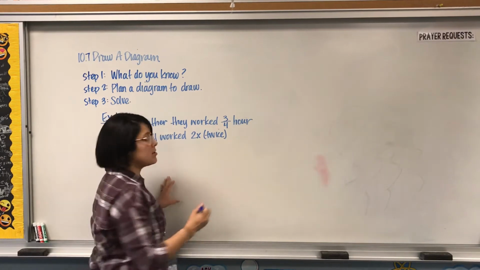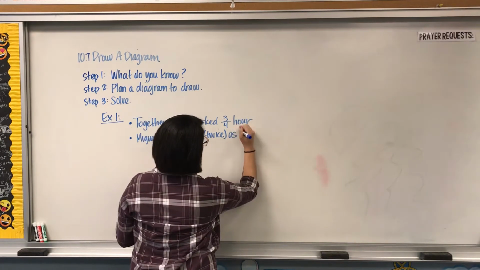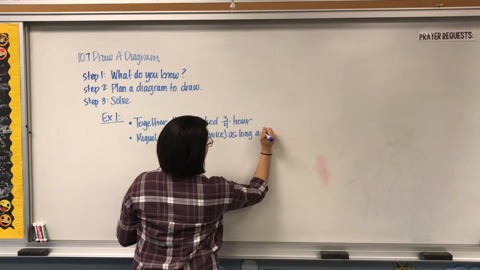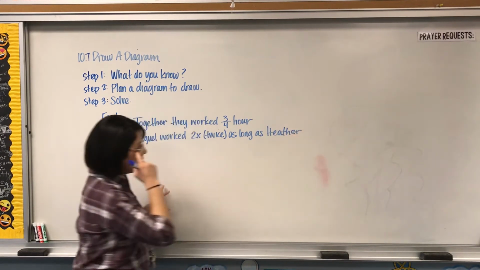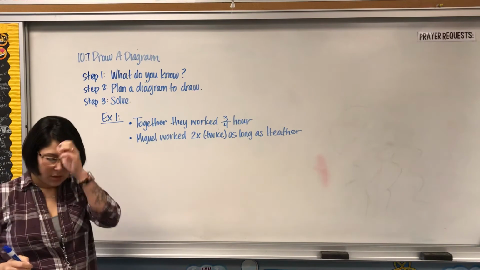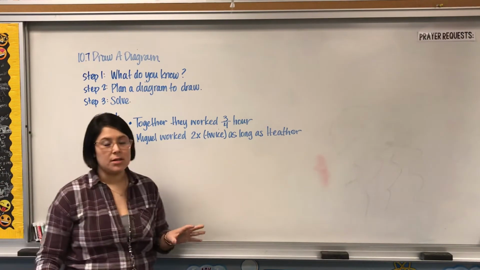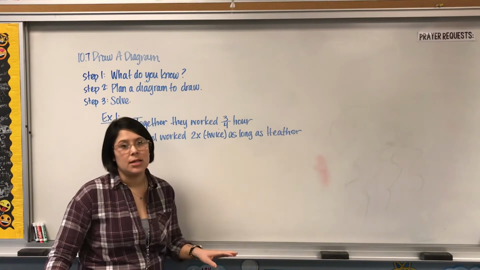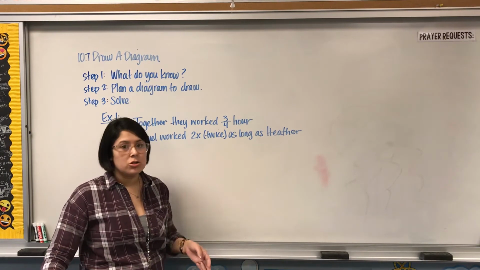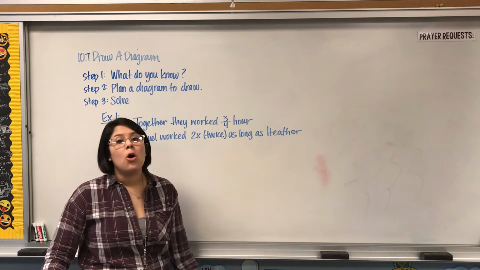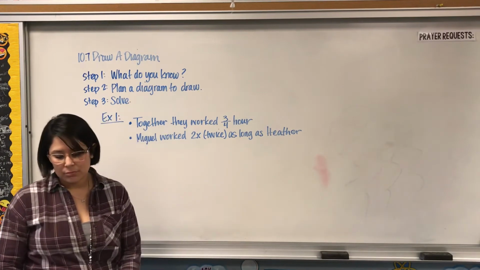That means twice as long as Heather. All right, so easy peasy. You don't have to do any thinking so far. All you're doing is writing down, underlining, circling, highlighting, what do you know?